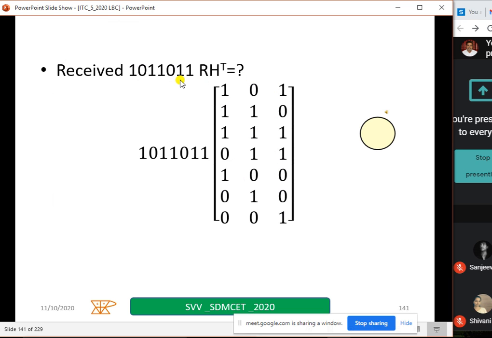Now received is 1011011. Do the R into H transpose and find out the syndrome, and type your syndrome in the chat box.